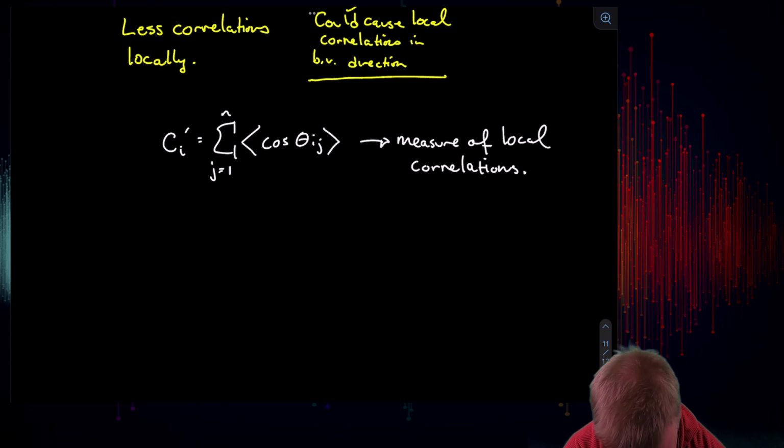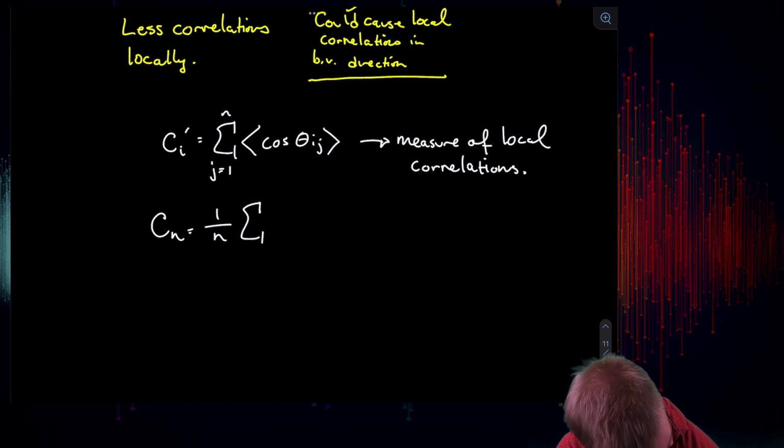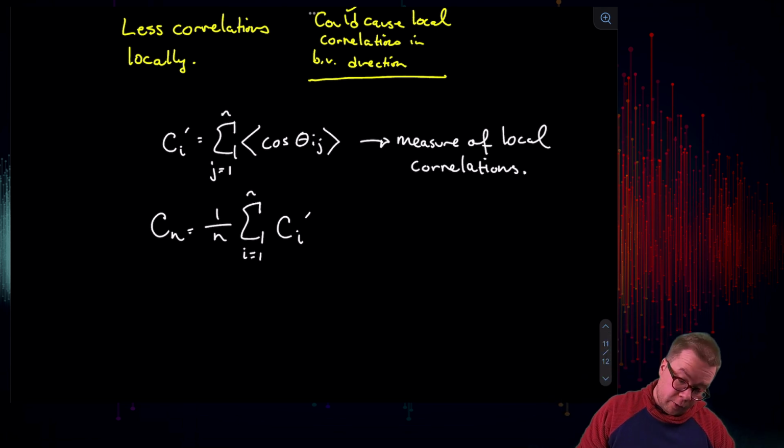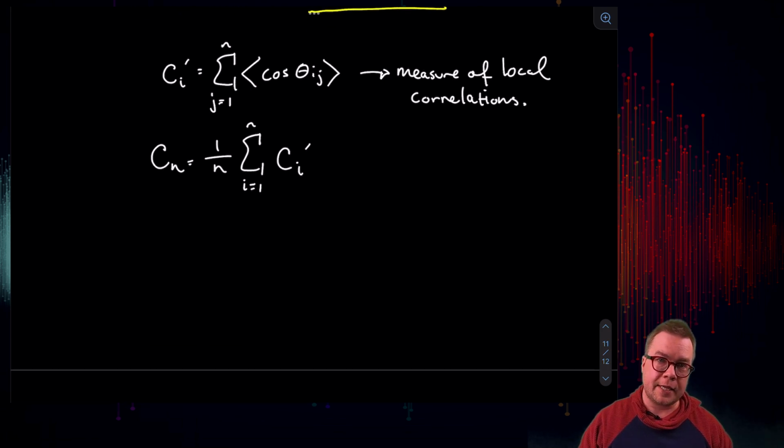We could also define C sub n as 1 over n times the summation from i equals 1 to n of Ci prime. So in other words, what we could do is look at these local correlations, see how big they are, and calculate what that effect would be for the size of the polymer chain.